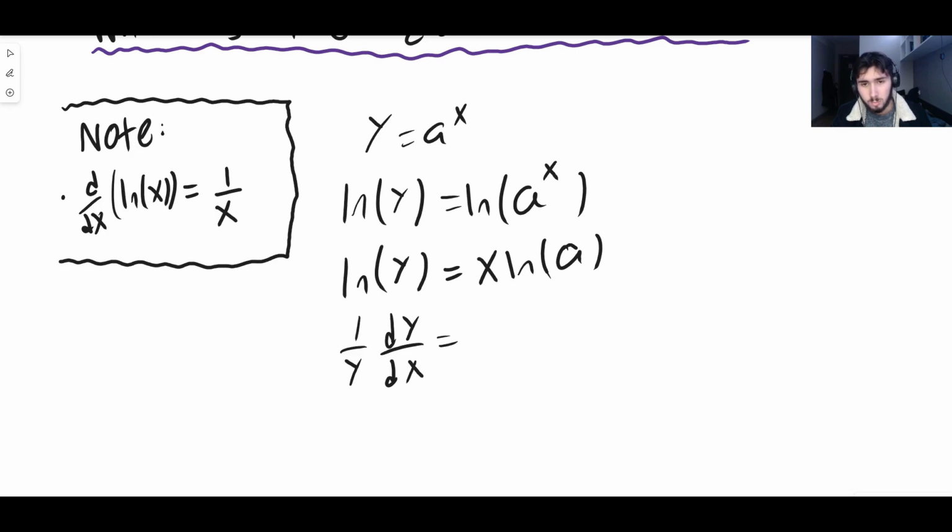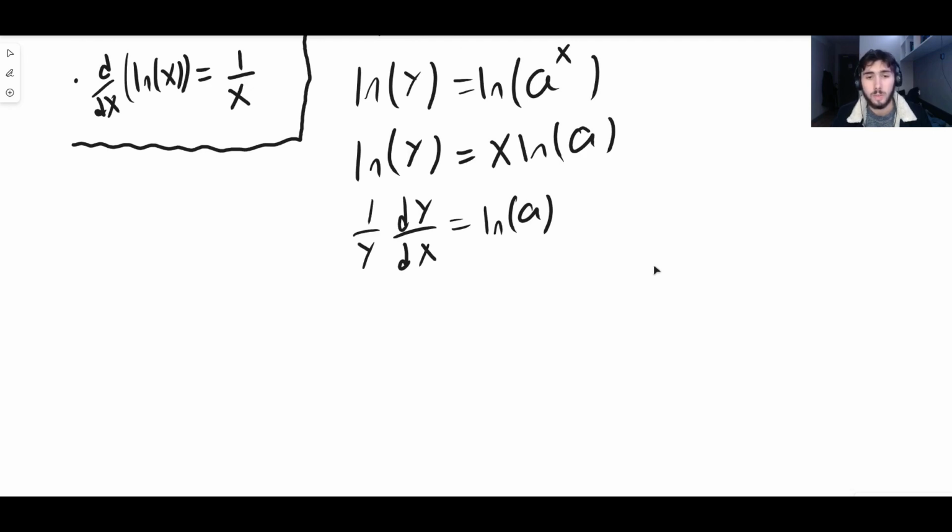Now it's worth mentioning that a, again, is a constant, which means the natural log of a is also a constant, which means that we don't need to do any product rule or anything like that. We simply differentiate with respect to x and allow the natural log of a to be a constant, so it's a constant times x. When you differentiate that, you just get left with the constant. So the x disappears and you just get the natural log of a like so.